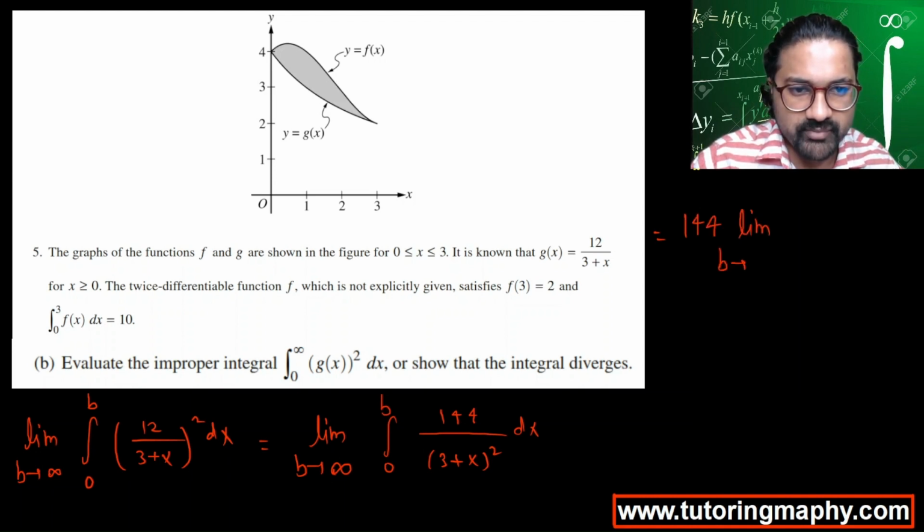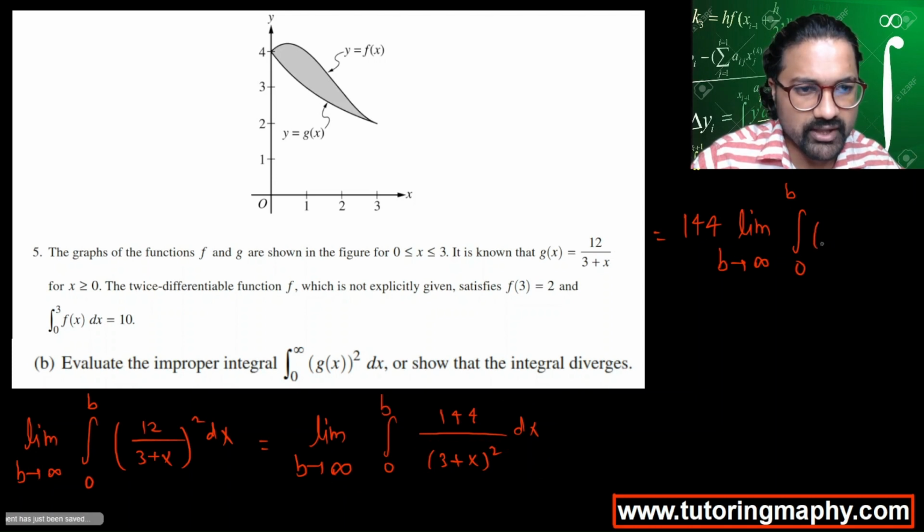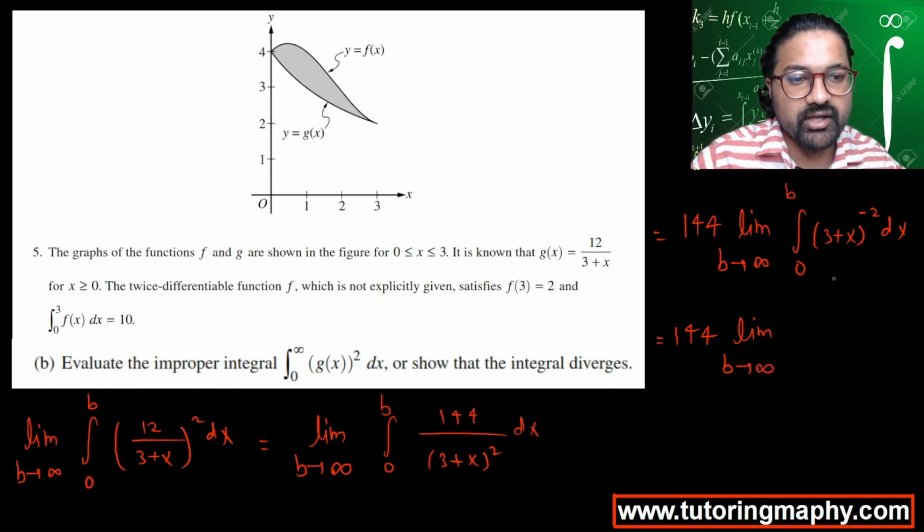So this is limit of b approaching infinity, 0 to b of, and at the same time I'm going to manipulate this. Can I move this on the top? I don't like this in the bottom. I'm going to move this on the top, so it's going to look like 3 plus x raised to negative 2 dx, right? Some basic rules of exponent. And why is this helpful for us? Because now I can apply, I'm not doing anything special, I'm just rewriting everything.